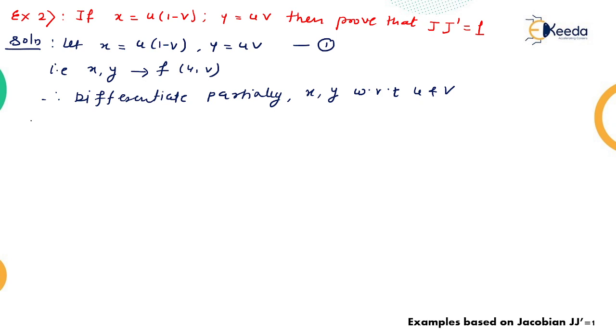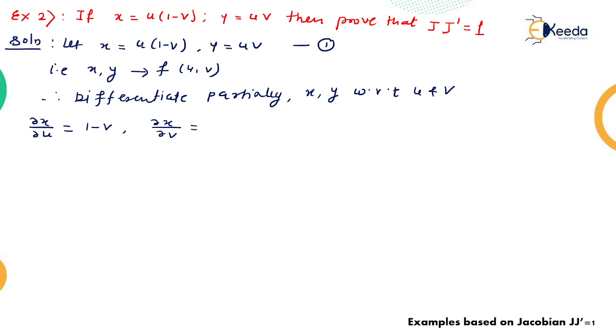So therefore, what is ∂x/∂u? So x is given, and with respect to u we take the derivative and the other term as a constant. Means when we differentiate with respect to u, v is treated as a constant. So ∂x/∂u is clearly 1 minus v. Next, ∂x/∂v.